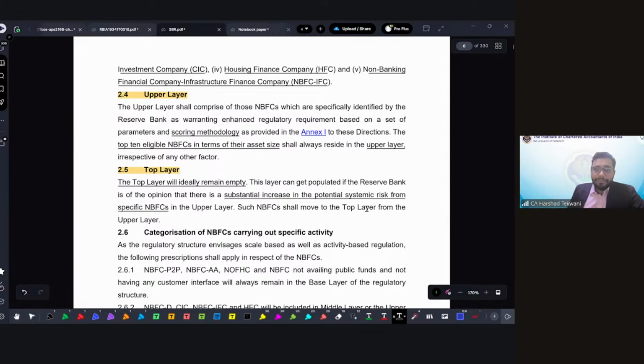Can anyone tell me? What does this risk mean? Anyone? No?